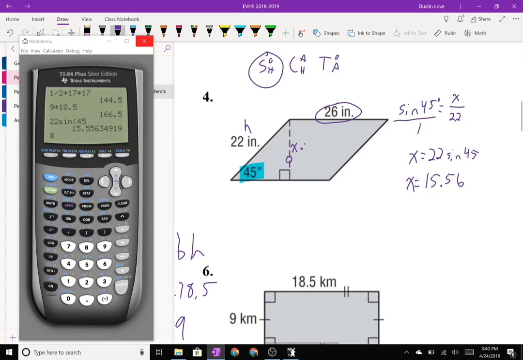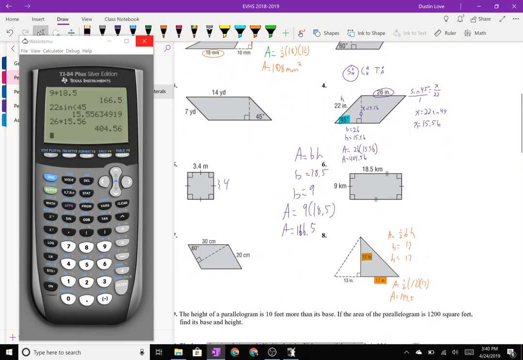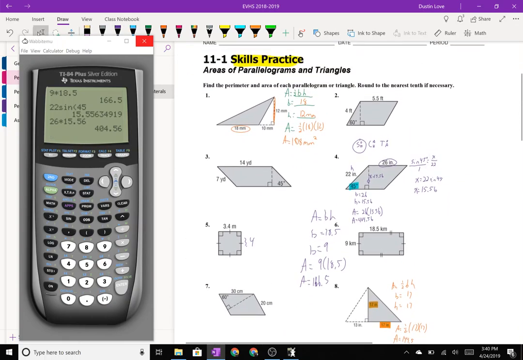Now, to find my area, base is 26, height is 15.56, so my area is 26 times 15.56, which is 404.56.